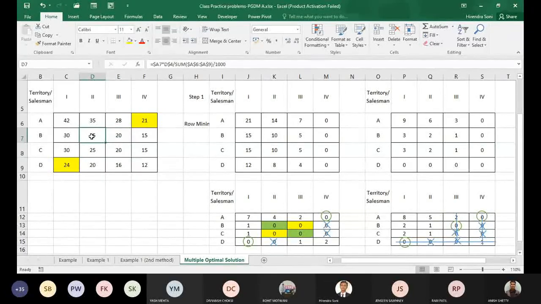So either I take this 25 and this 20, or I take this 25 and this 20. Now, why this is coming up is because your salesman B and C have the same potential. So there is no difference between the potential of salesman B and C. Clear?